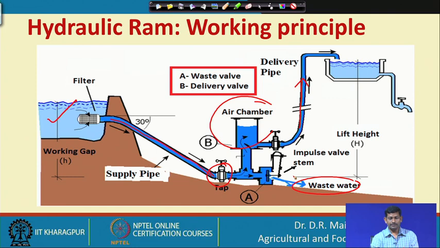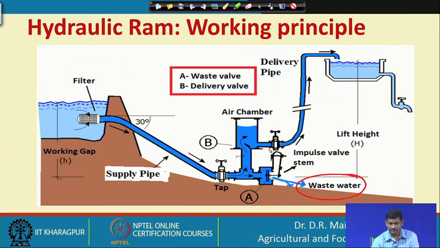As I said, the main principle here: there are two valves, the waste valve and the delivery valve. These two valves are very important in the functioning of the hydraulic ram.